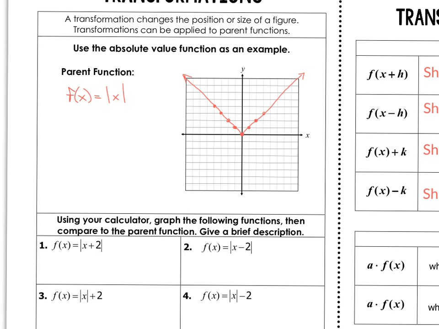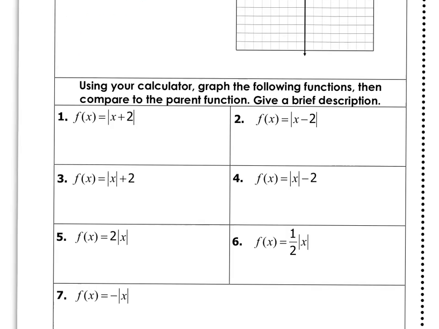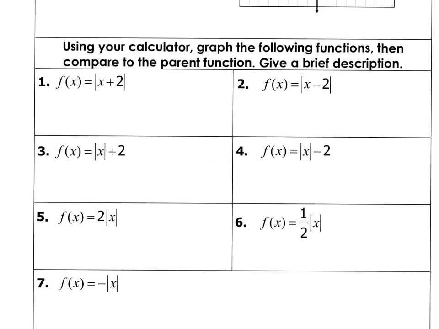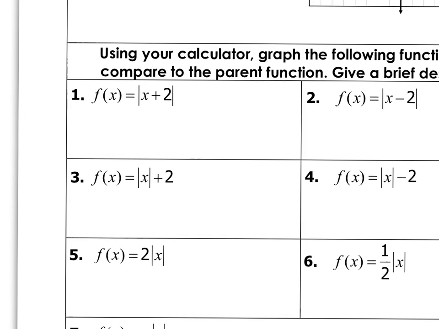The directions tell us to use your graphing calculator, or you can use Desmos if you need to. Graph the following functions and then compare to the parent function and give a brief description. You could probably do that without me, so pause the video, and if you want to, you can check in and see what I have to say. If you do number 1, you'll see that this one is shifted to the left 2.